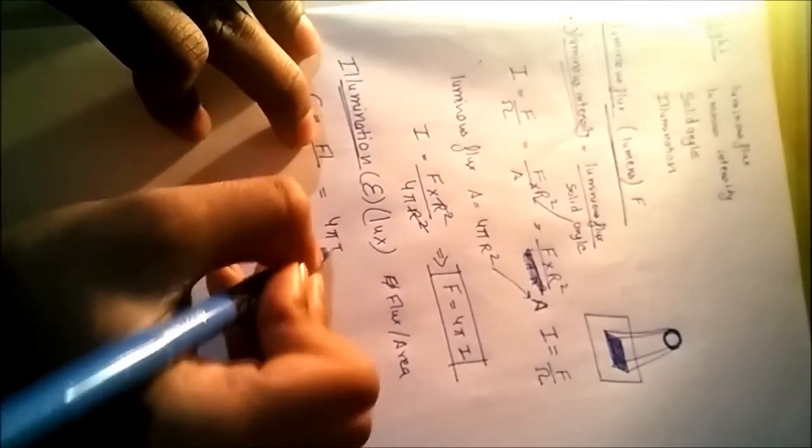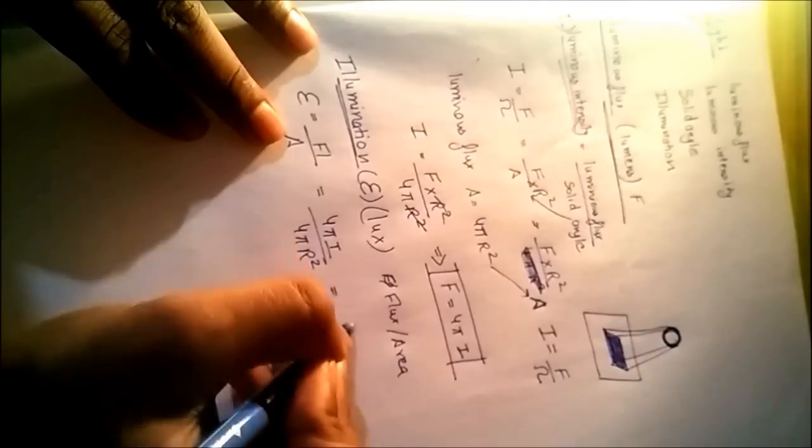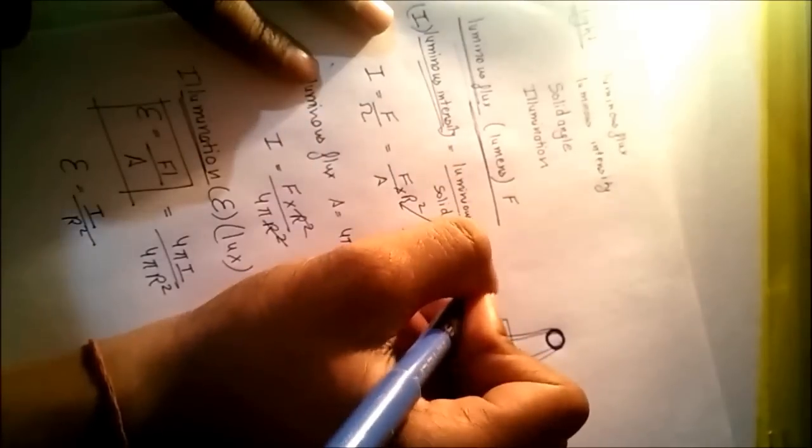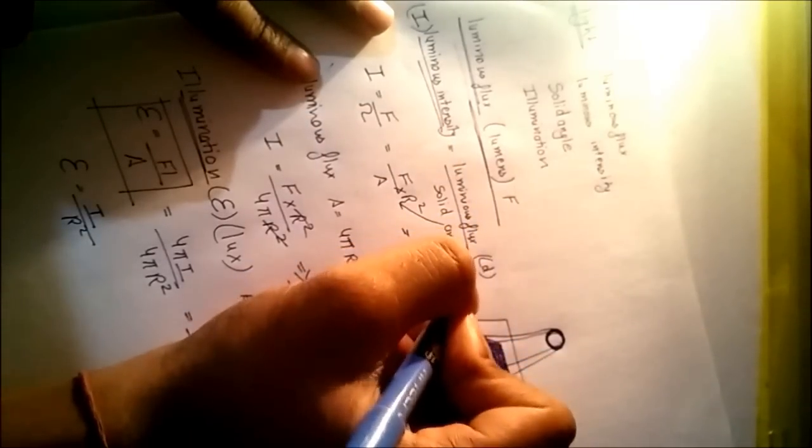E is equal to flux upon area, and we know the flux is 4 pi I upon area 4 pi R square, so I upon R square. So illumination has two formulas, E is equal to flux upon area or E is equal to intensity upon R square. Luminous intensity has unit candela, CD.